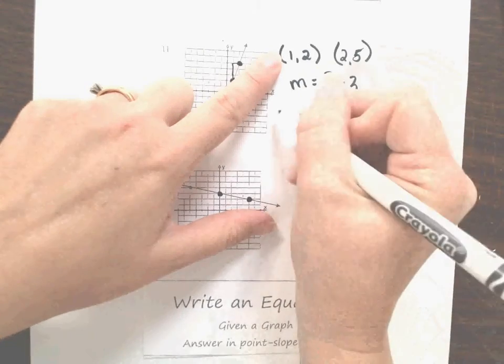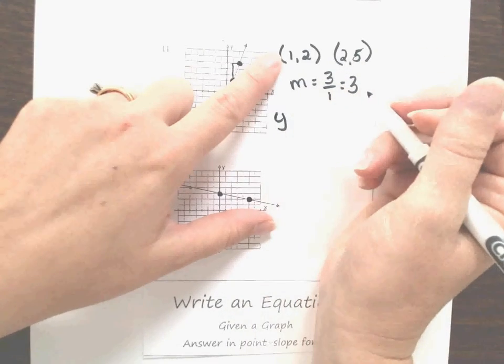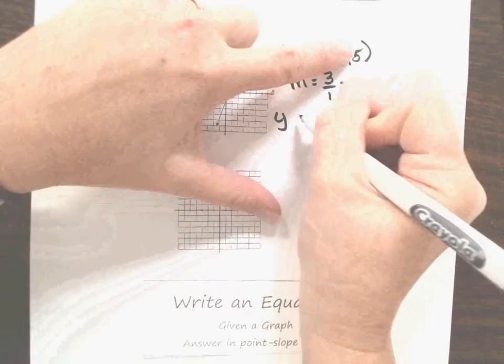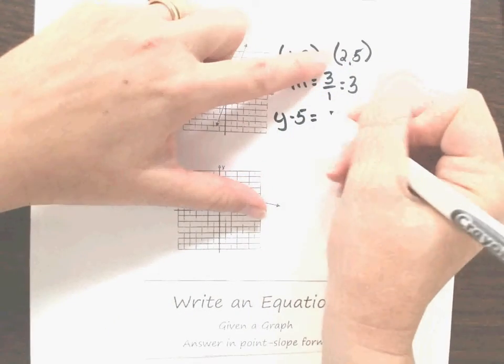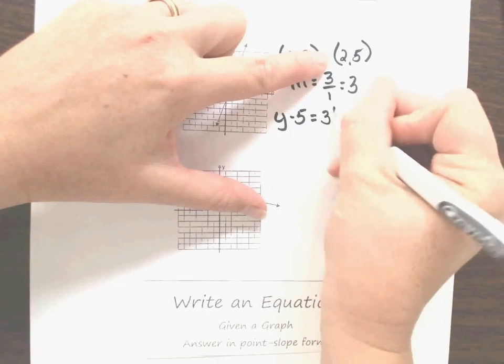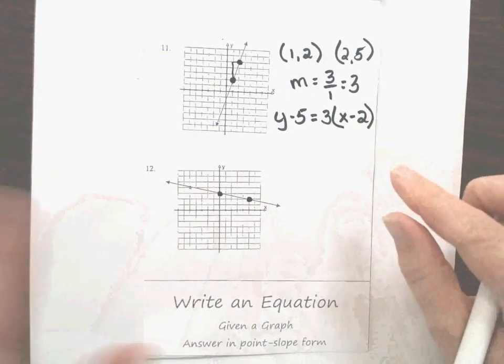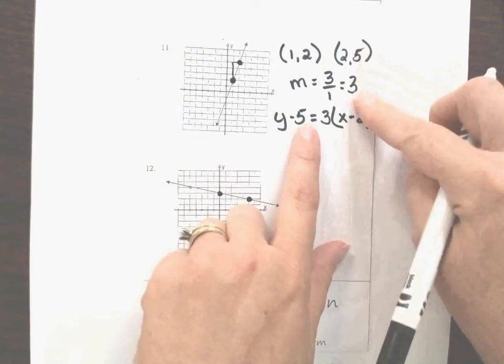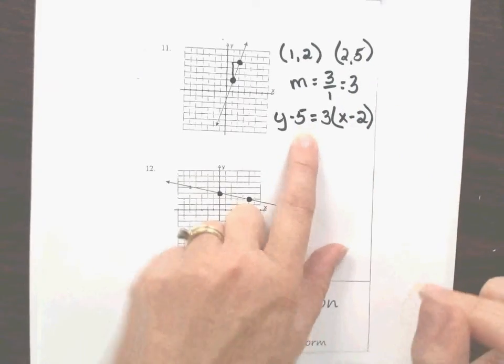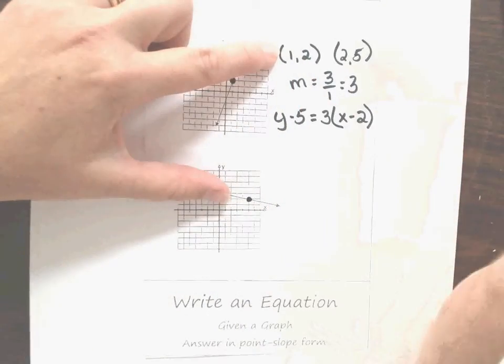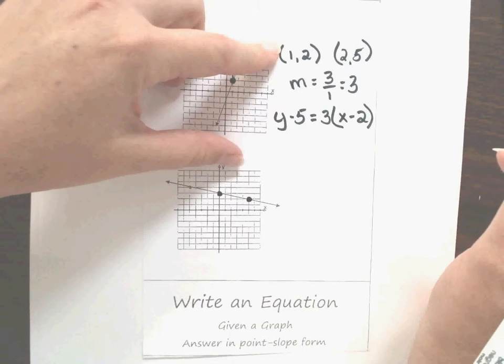Okay, so if I use the first point, Cameron, what equation would I get for 1, 2? Y minus 5 equals 3 times x minus 2. Okay, so that's using the ordered pair 2, 5 with the slope of 3.